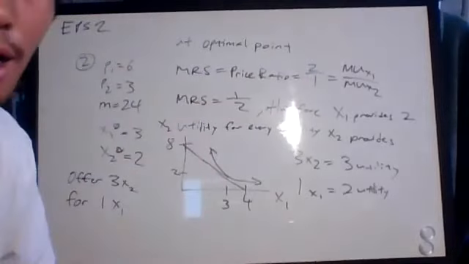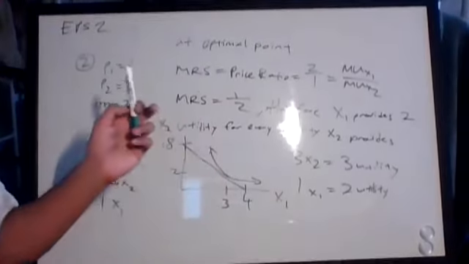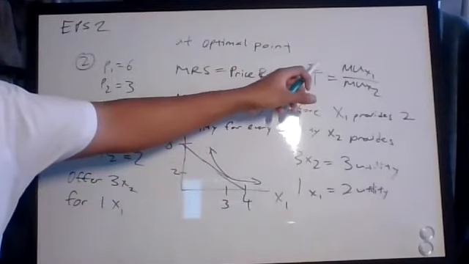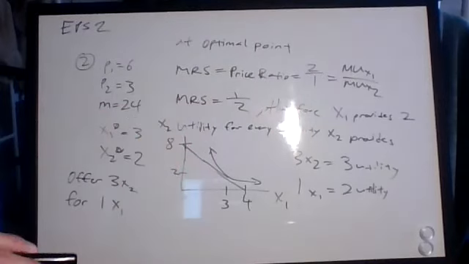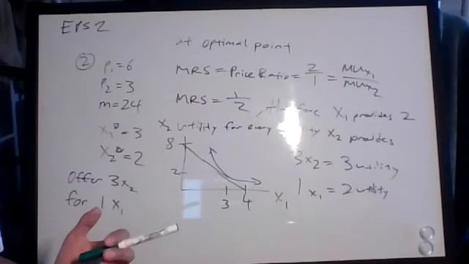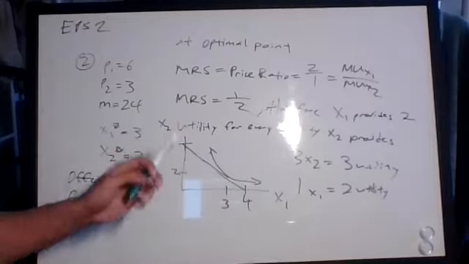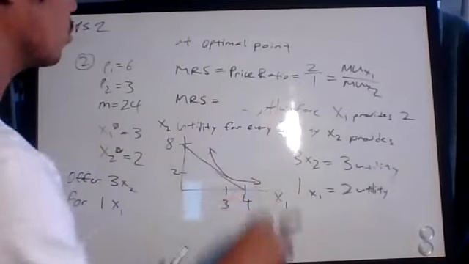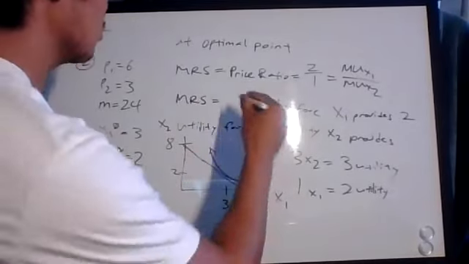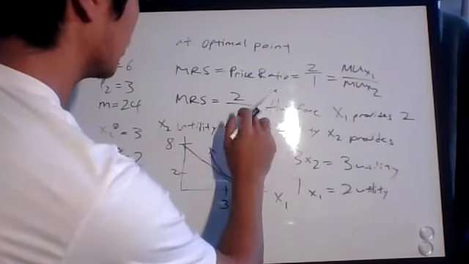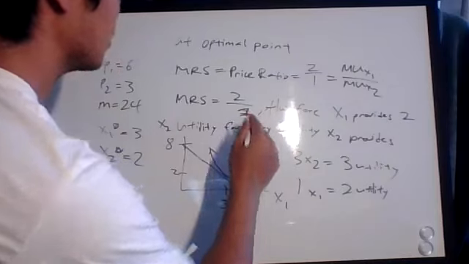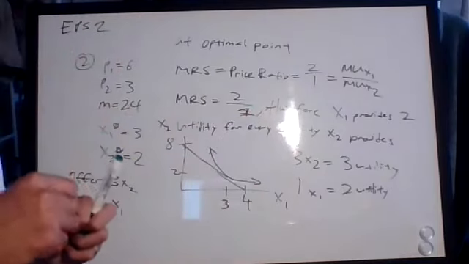That's correct. When we know what our MRS is, that's essentially telling us the ratio of marginal utilities, so this should also be 2 over 1. I apologize for the mistakes, but the logic remains the same.